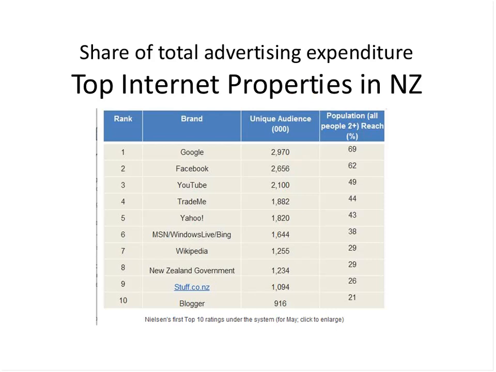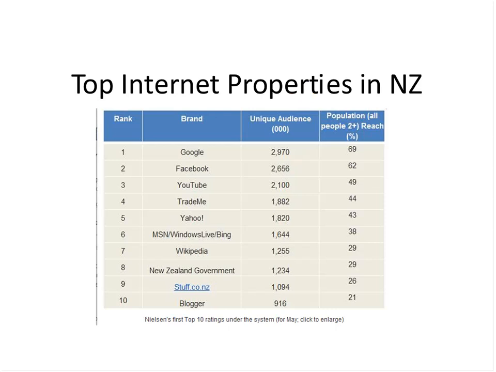So the top internet properties in New Zealand, this is Nielsen Net Ratings Top 10. There are a number of different companies that have their own version of the top 10 in New Zealand. There's Nielsen, there's ComScore, and I'm trying to think of who the other one is.